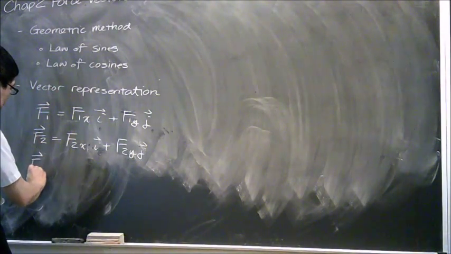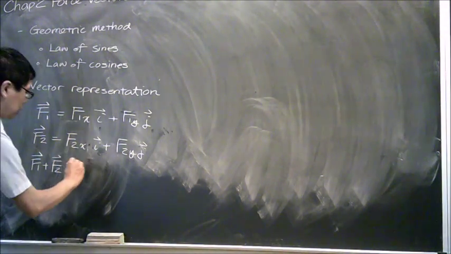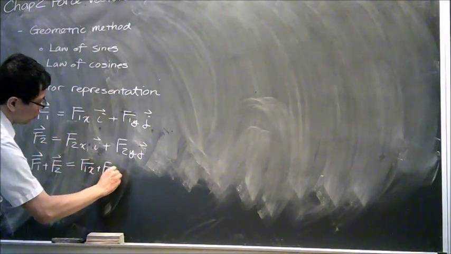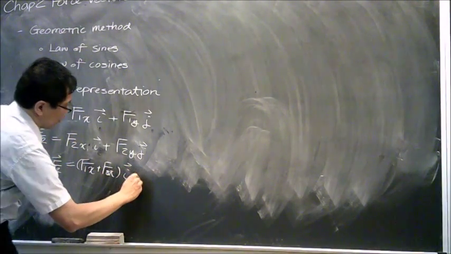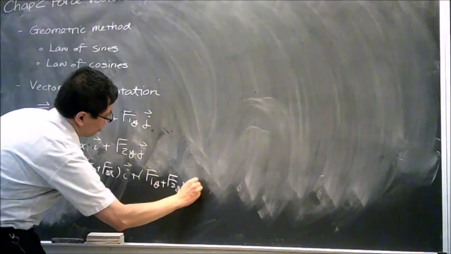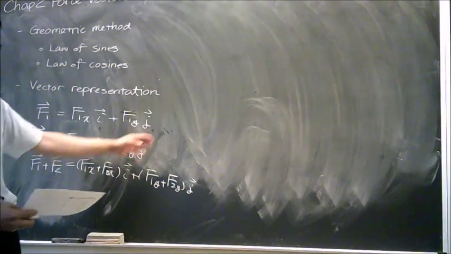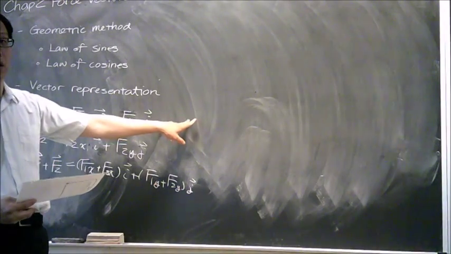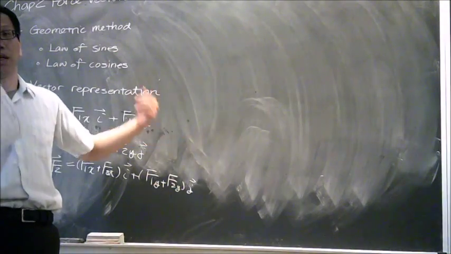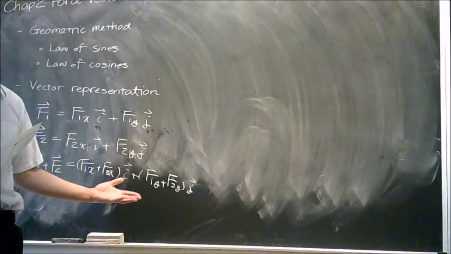If I want to add two forces together, that can be straightforward, which is x plus x, y plus y. If you need to add the z direction, you simply add another component over here. i is x, j is y, so for sure z is going to be k. Okay, that is how we represent the force in 2 dimensions or 3 dimensions.